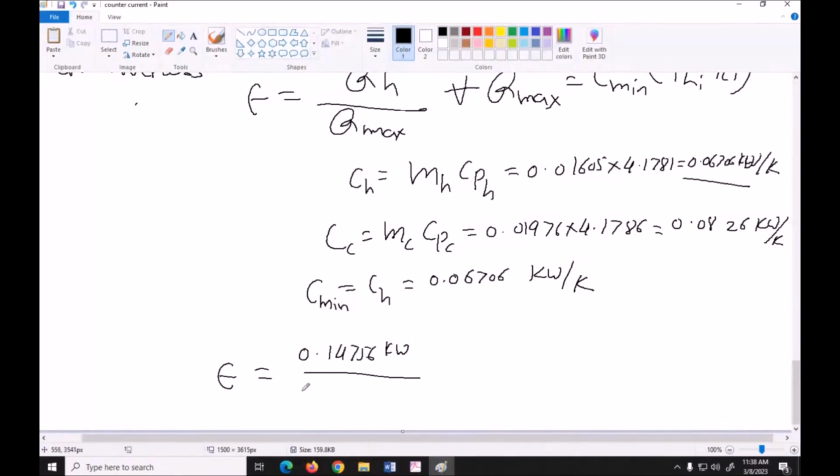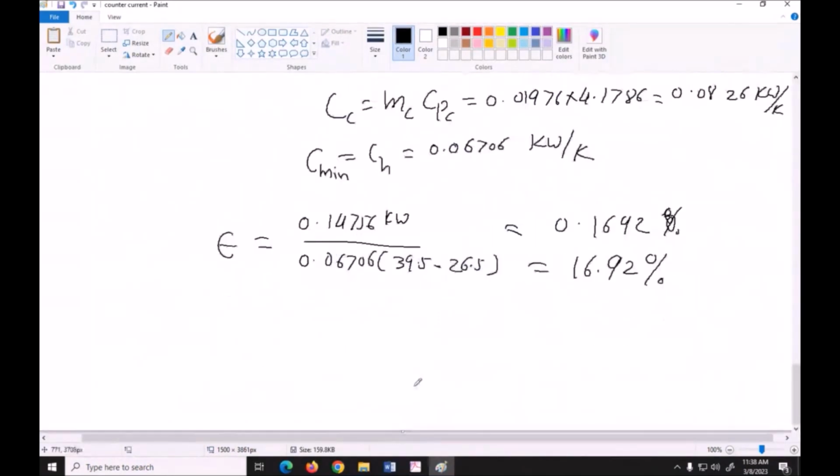Qmax is 0.14756 divided by 0.06706 into THI minus TCI, 39.5 minus 26.5, is equal to 0.169. I can write in conclusion, effectiveness of counter current is greater than effectiveness of co-current. So counter current is more effective than co-current.